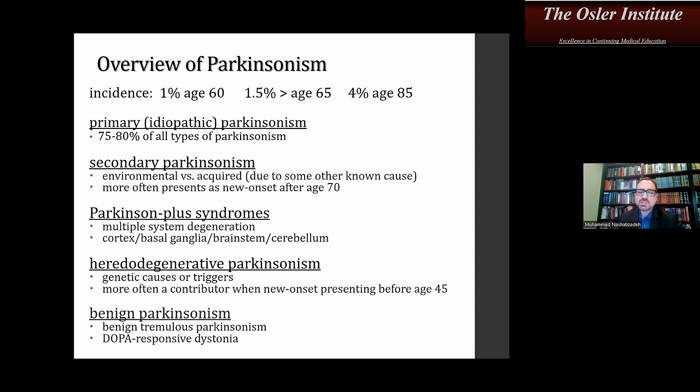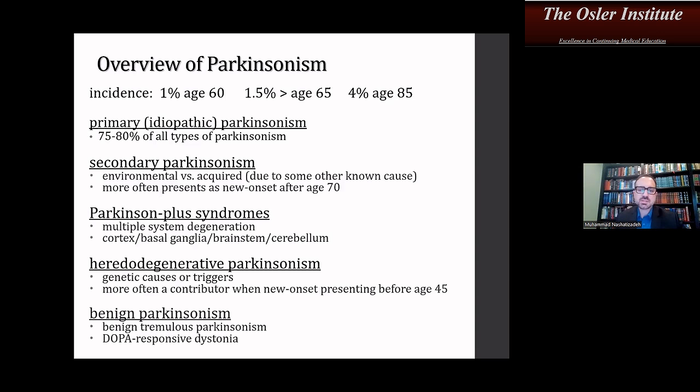When we talk about Parkinson's disease, this is the specific condition where it's primary Parkinsonism. It's thought to be idiopathic. Now, the problem with the word idiopathic is that over time with science and research, we often find that a clinical problem is due to something.